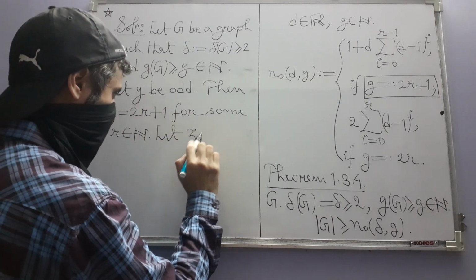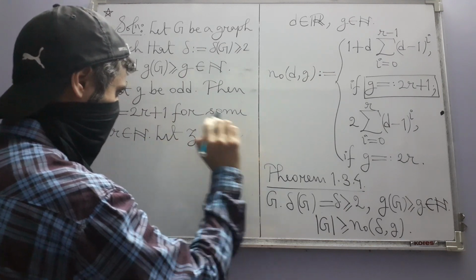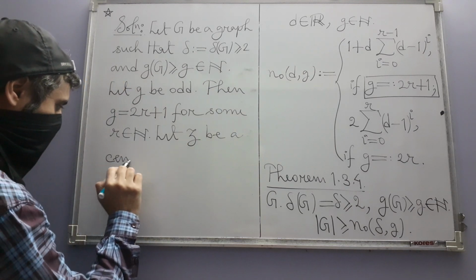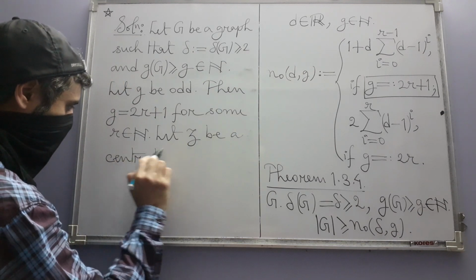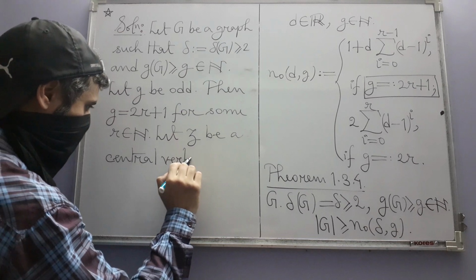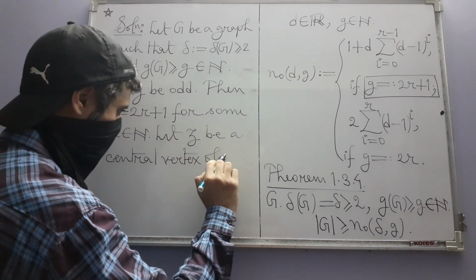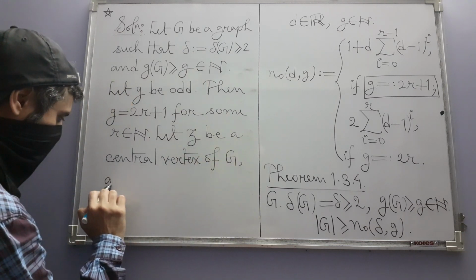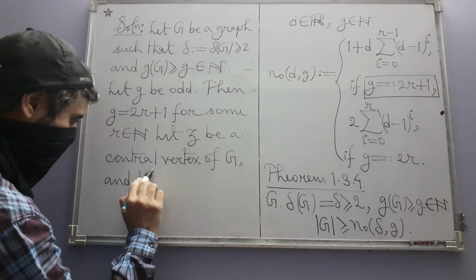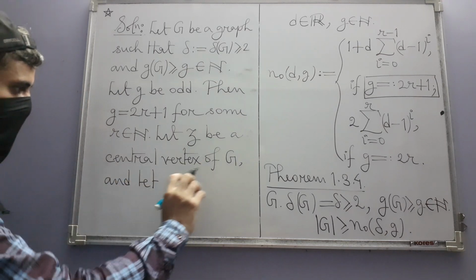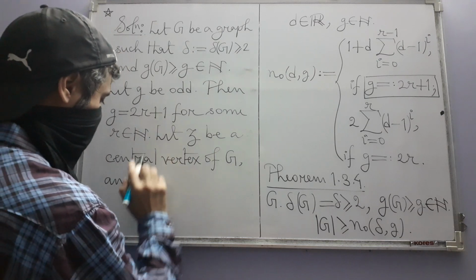Let Z be a central vertex of G, and in fact this sentence is exactly what you will get in that proof.